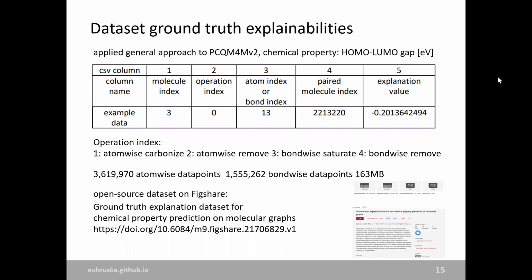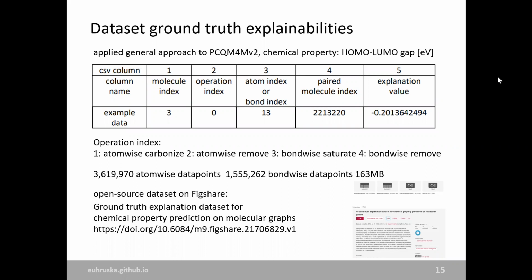So the dataset is stored as two CSV files. Each row has a molecule index and the operation index for that particular PCQM4M version 2 dataset. I took advantage of this already existing dataset, so I didn't have to calculate all these chemical properties. I just extracted them with this general approach, which was quite fast, simple on the computer.